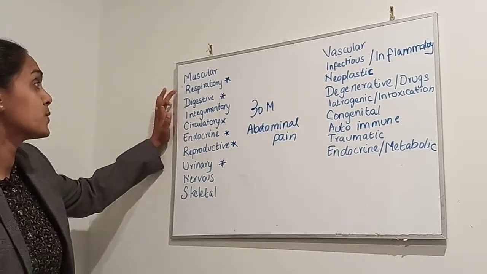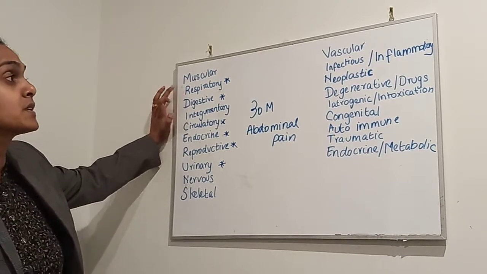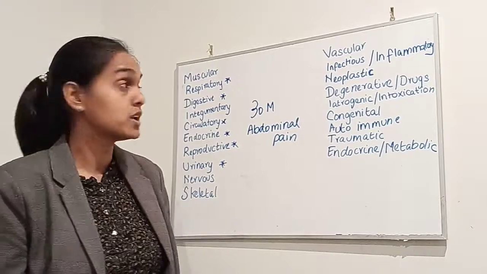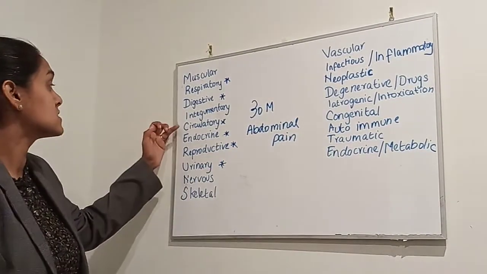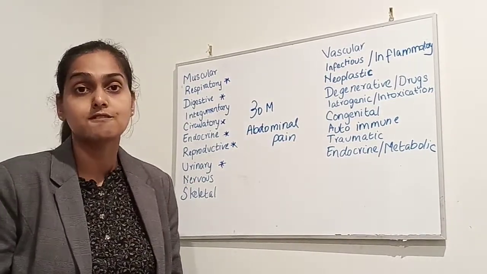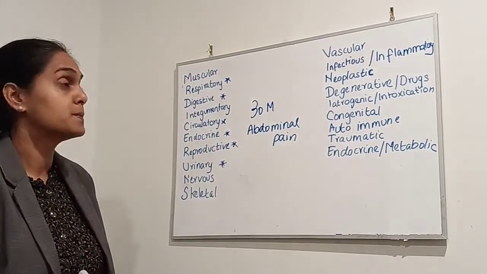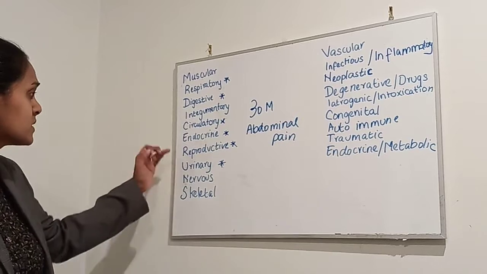You could also possibly look at other systems, which would be your respiratory system. A good example would be lower lobe pneumonia causing upper abdominal pain, or circulatory system, cardiovascular issues like myocardial infarction, acute coronary syndrome, producing upper abdominal or epigastric pain.